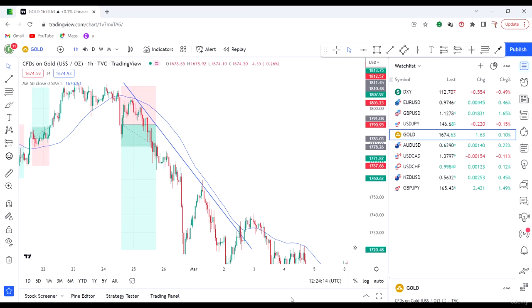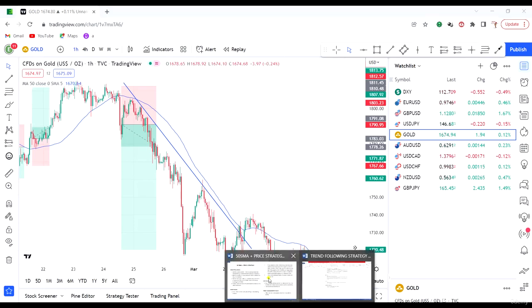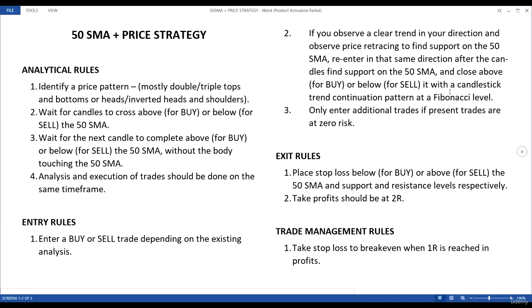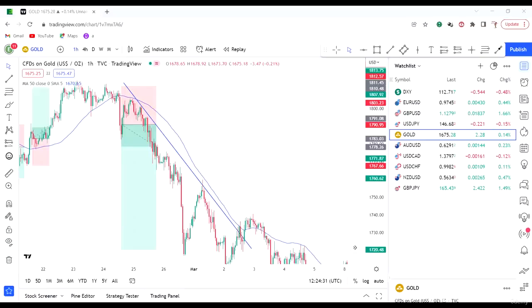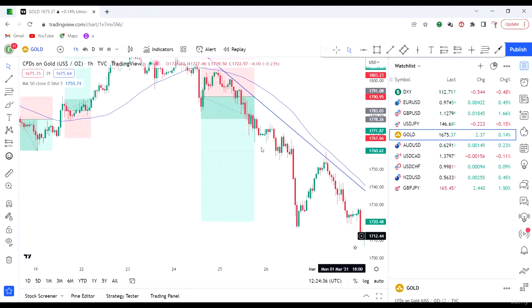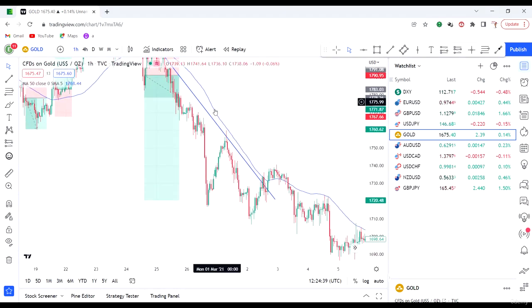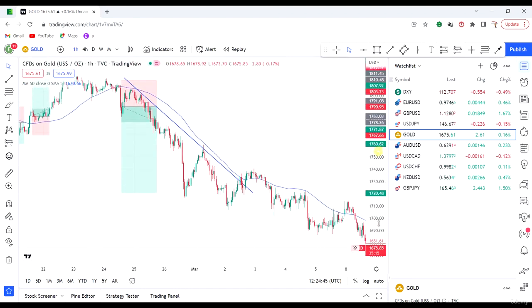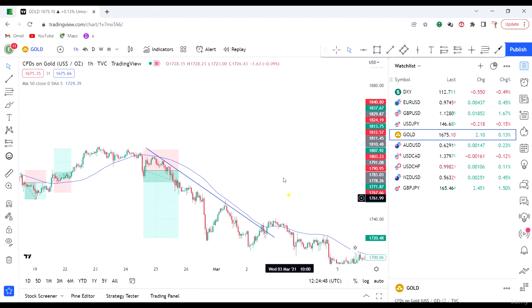If we observe a trend and then it tests the 50 simple moving average and closes below it in this case, which is a sell, and then it is in confluence with our Fibonacci level, and we have the price continuation pattern, which is valid in this case. As you can see, we had an evening star. Remember, this is an evening star pattern, which is telling us that the trend will either change to the downside, or we'll have a continuation to the downside, right?